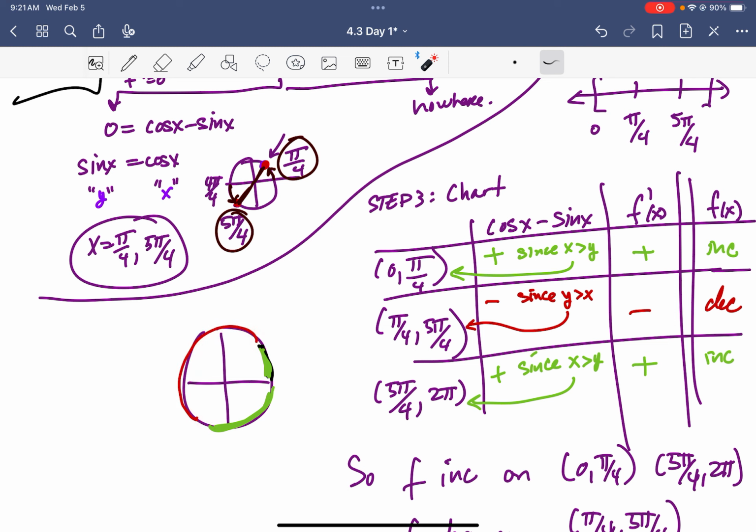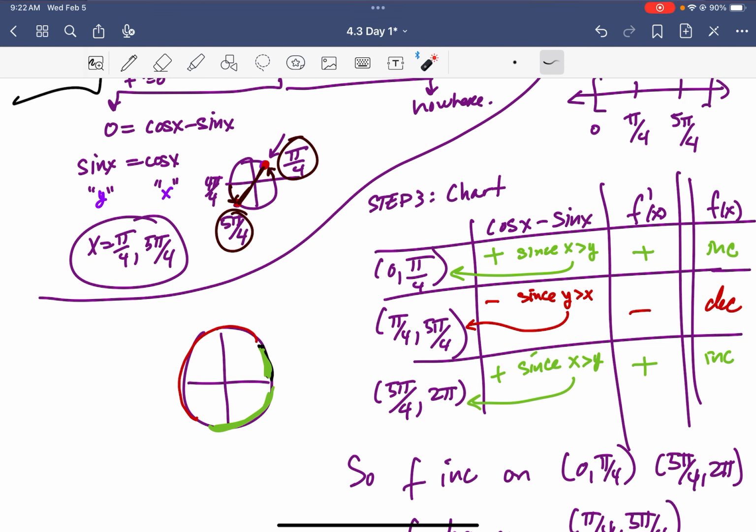In this interval from pi over 4 to 5 pi over 4, I pick an example in here. Well, what's an obvious one? Well, maybe this one. It's pretty clear here that y is positive 1 and x is 0. So since y is always bigger than x inside of this interval, then we're going to have negative numbers inside of here. So my derivative is negative, which means f is decreasing.